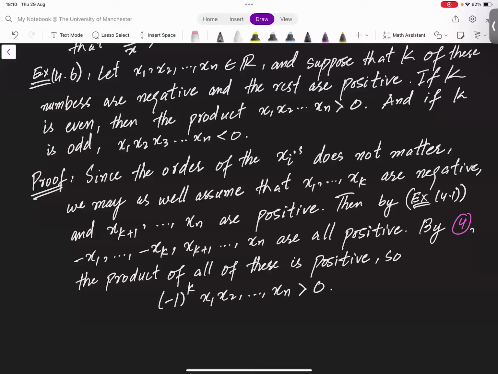Now, if k is even, this says that the product is greater than 0.